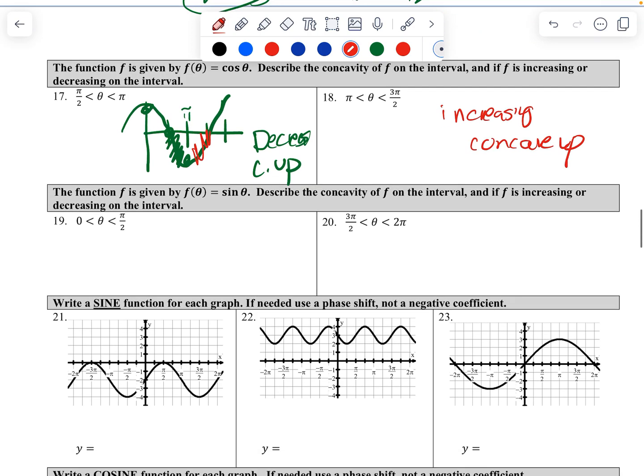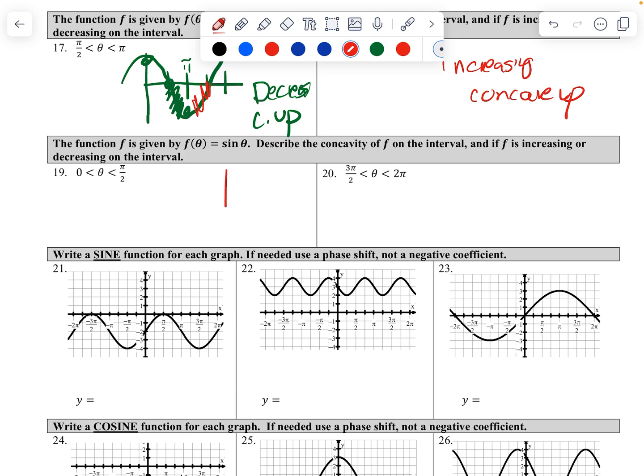And then we could do the same thing for the sine, except sine starts in our center. So again, right in the middle is pi. So from 0 to pi over 2, it's concave down but increasing. And from 3 pi over 2, so this part right here, to 2 pi, it's concave up and increasing.